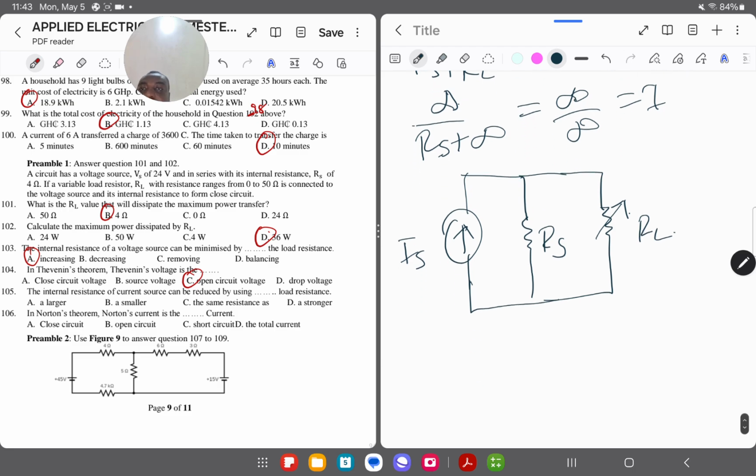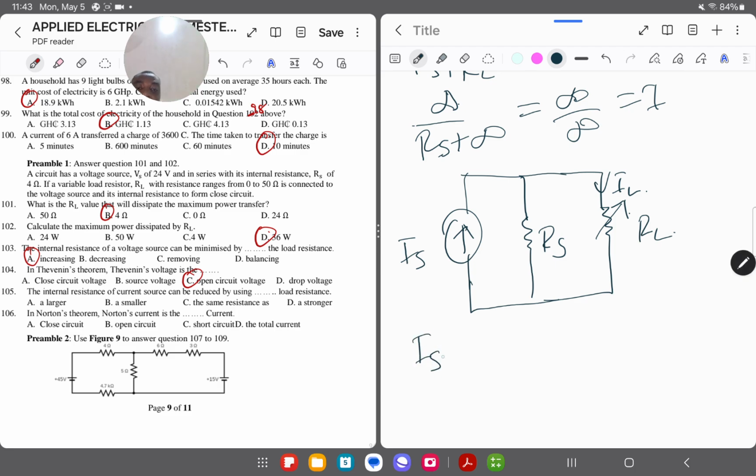Now again, the objective is the same, right? I want to make sure that the current which is going through the load resistor IL is the same as the current source. So that means that there's no voltage drop due to the internal resistance, so that you can minimize it.